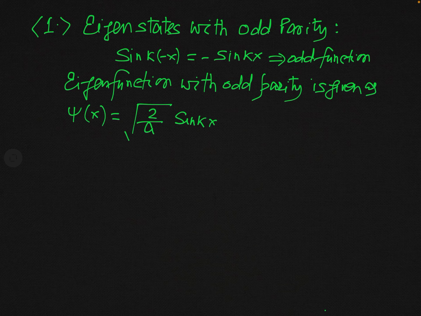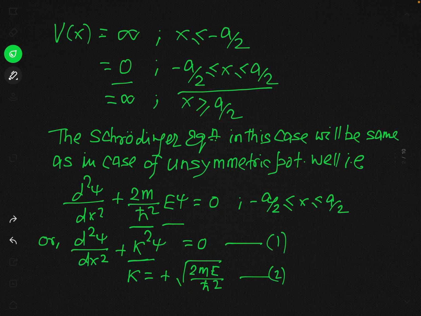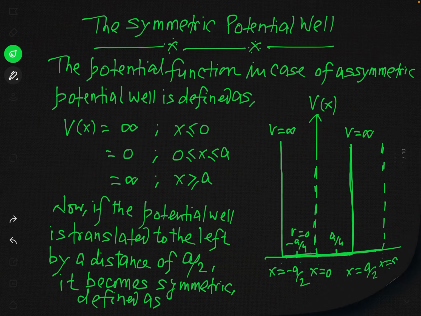Now we will apply the boundary condition satisfied by this eigenfunction to get the value of k. You can see that there is no probability of finding a particle beyond this potential well, because outside of this well the potential energy is infinity.